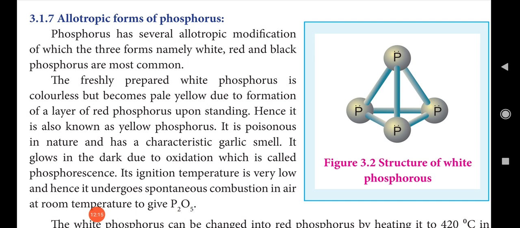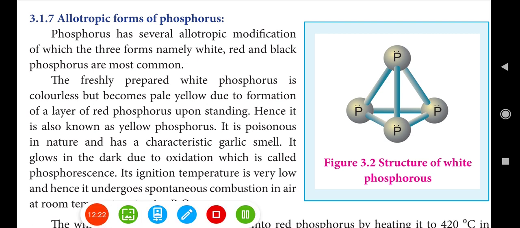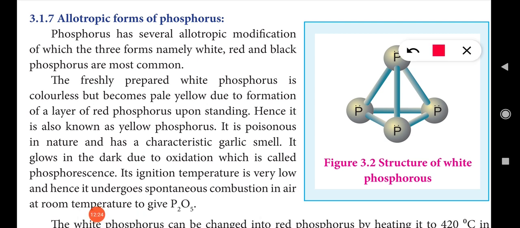Phosphorus has several allotropic modifications, of which 3 forms, namely white phosphorus, red phosphorus and black phosphorus, are most common.